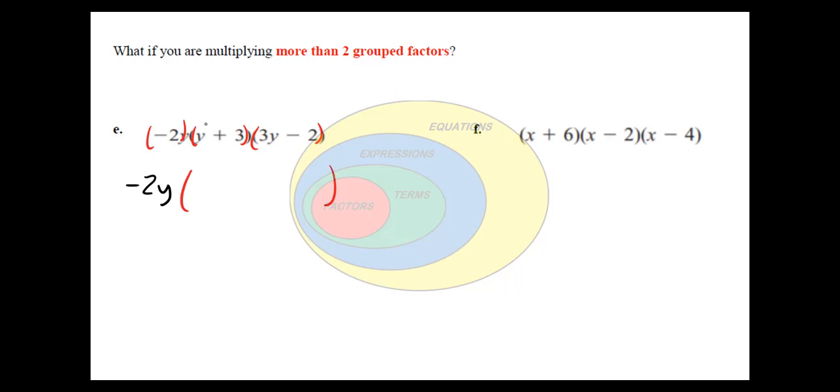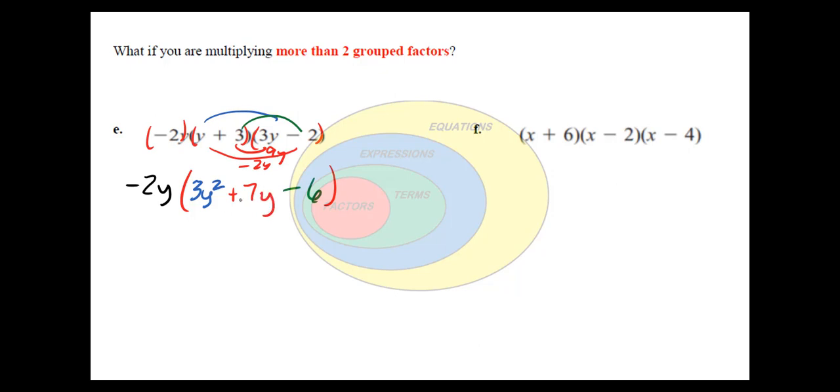So again, the first two terms, y and 3y, is 3y squared. The last two, 3 times negative 2 is negative 6. And the middle terms come from a 9y and a negative 2y, which is a positive 7y.